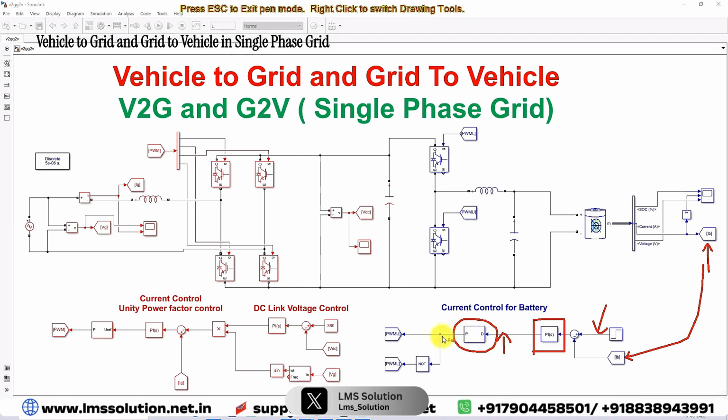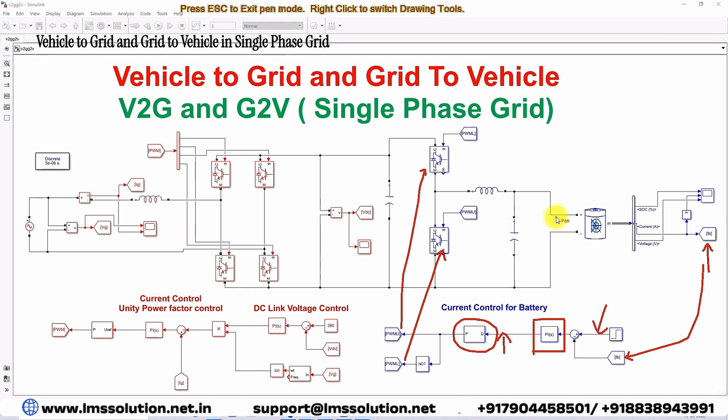Here we have generated only one pulse. The first pulse is given to the upper IGBT of the bidirectional converter. The inversion of this pulse is given to the lower switch of the bidirectional converter. This control regulates the current flow in the battery, to charge the battery from the grid to the battery side, and to discharge the battery from the battery to the grid.